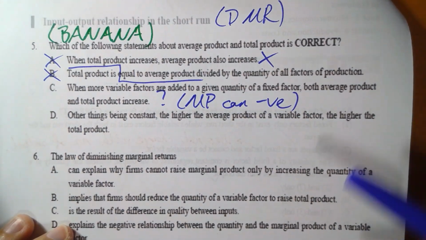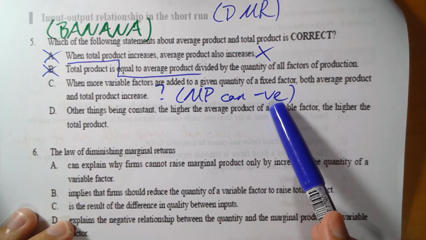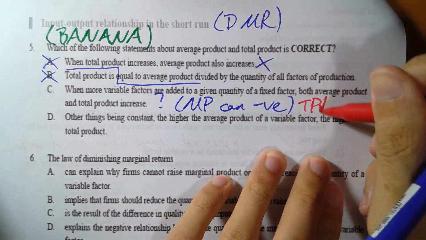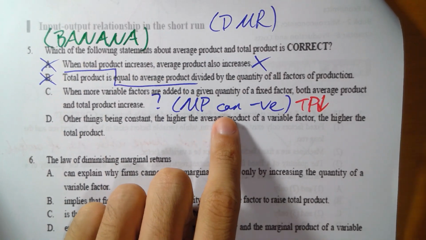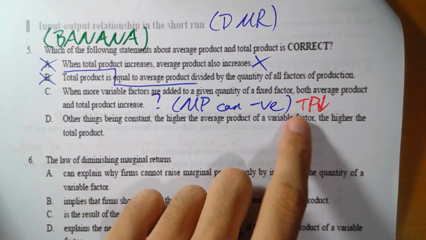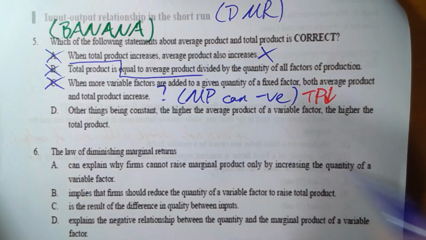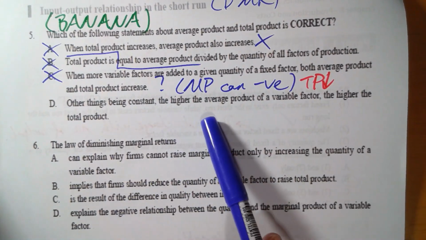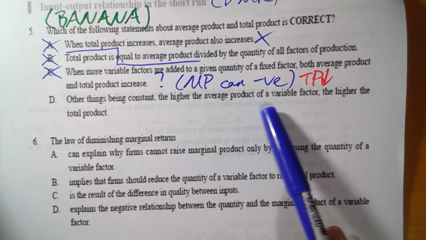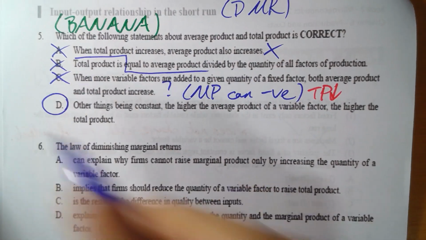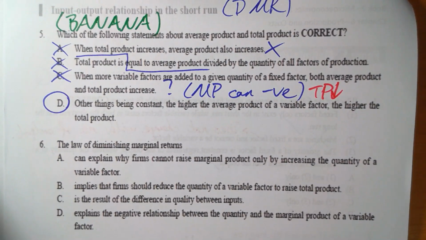If MP is negative, then TP would decrease. Indeed, it is more hindrance than help, causing TP to fall. So this is not exactly the case. Now, other things being constant, the higher the average product, the higher the total product. Don't mess around! If your average score is higher, doesn't it mean your total score is higher too? Other things being constant. Okay, so D is the answer.